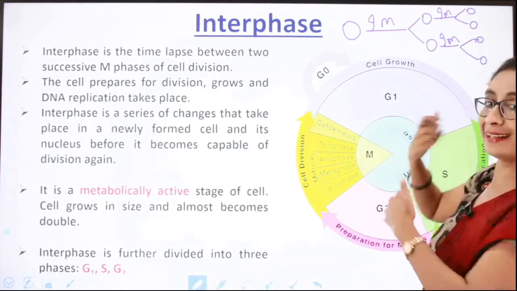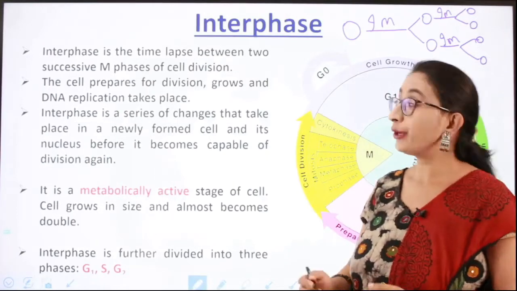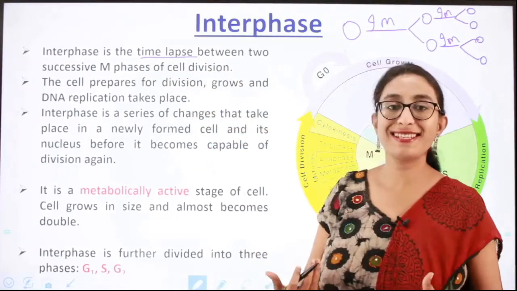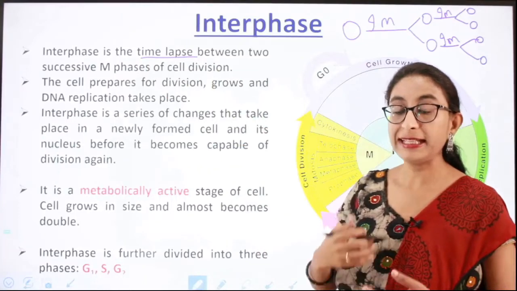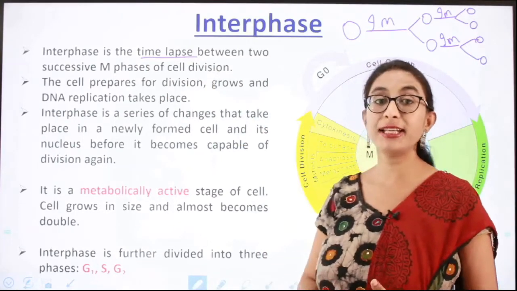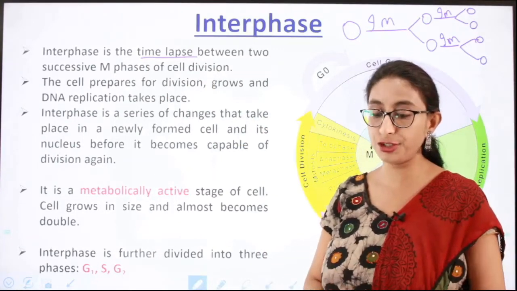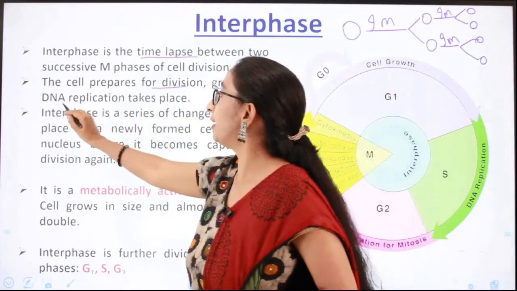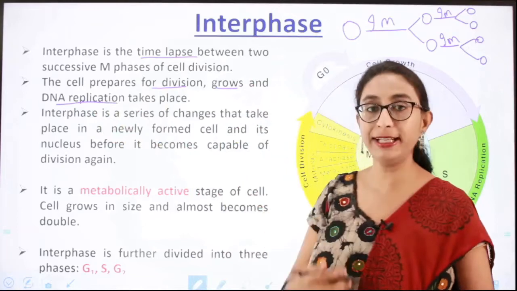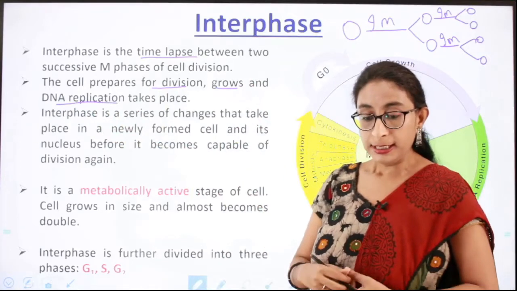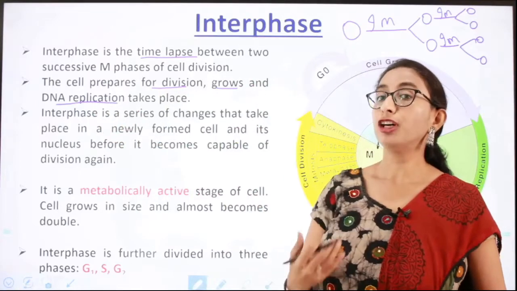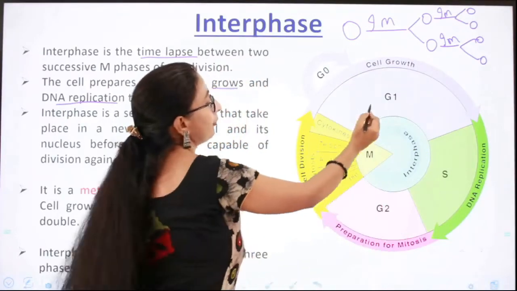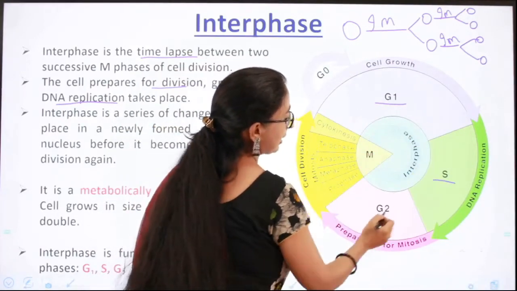And this cycle continues. Okay, so interphase is the time lapse between the two successive phases of cell division. It is during this interphase stage that the cell prepares for cell division, it grows, and also DNA replication takes place. And interphase can be further divided into three different stages of G1 phase, S phase and G2 phase.